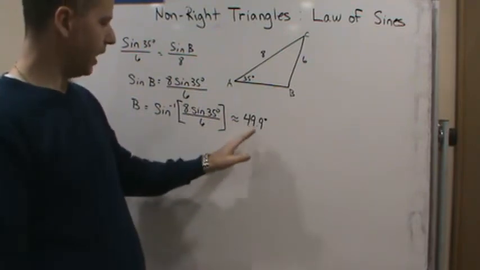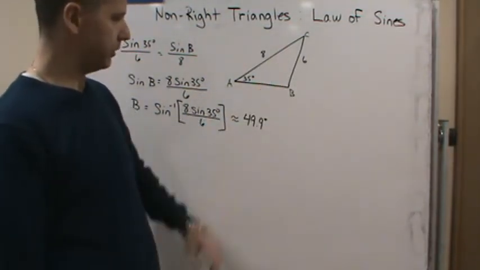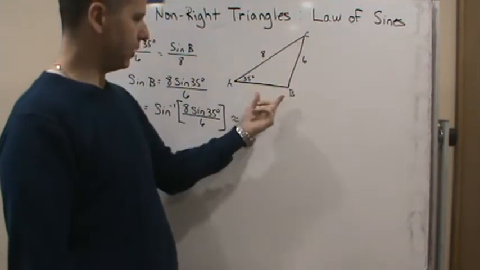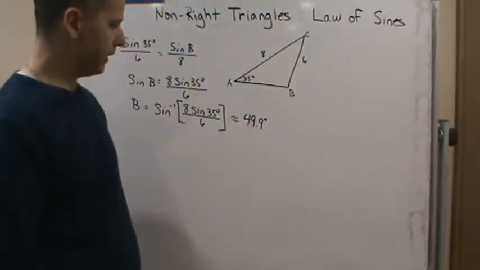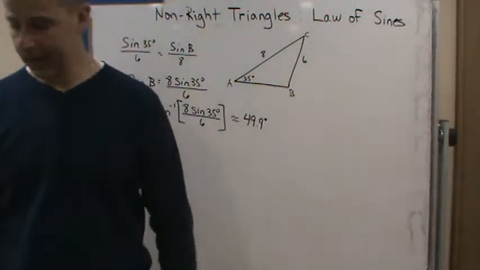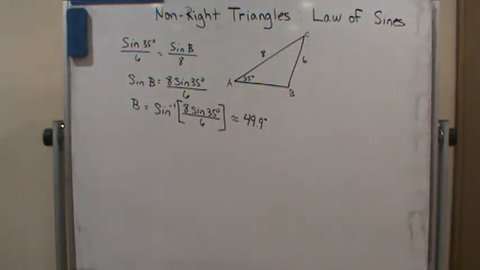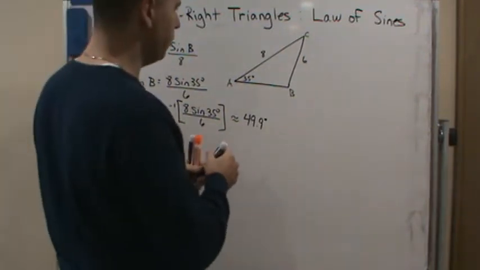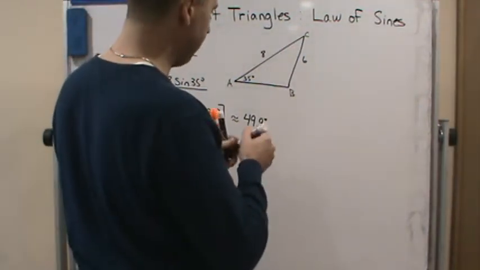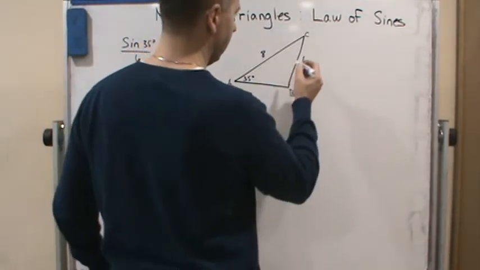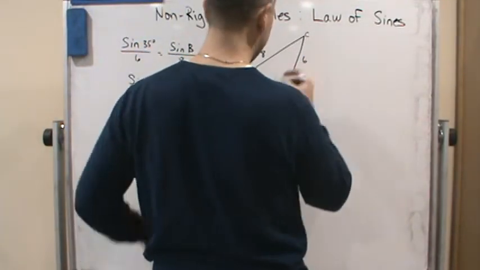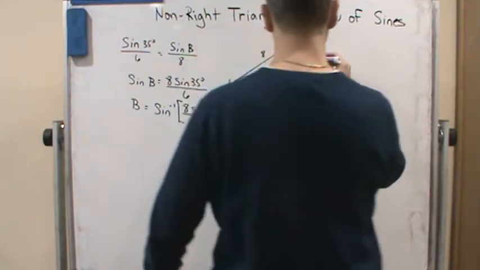So how do I get the other triangle? How do I get this angle? Since this is an obtuse angle, it looks like it's greater than 90 degrees. How do I get the other angle? Well, this comes into what we were talking about before. Let me draw the other side of this.